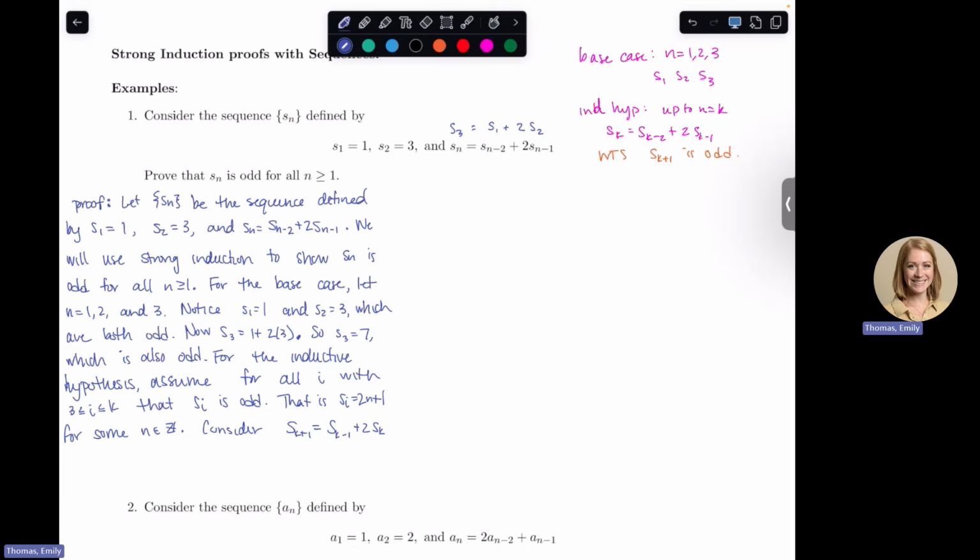What do we know? That these guys here are in here. They're both less than or equal to K, so we know that they are each odd.